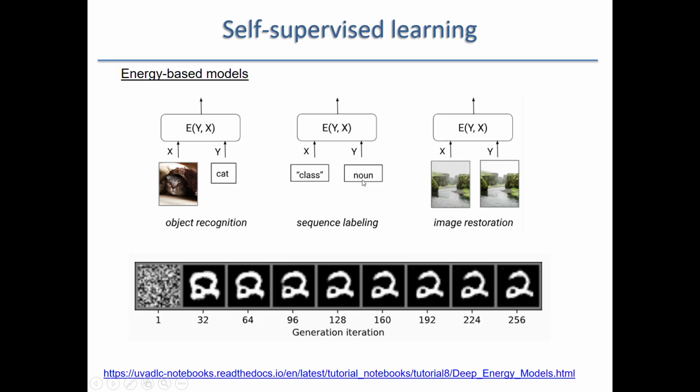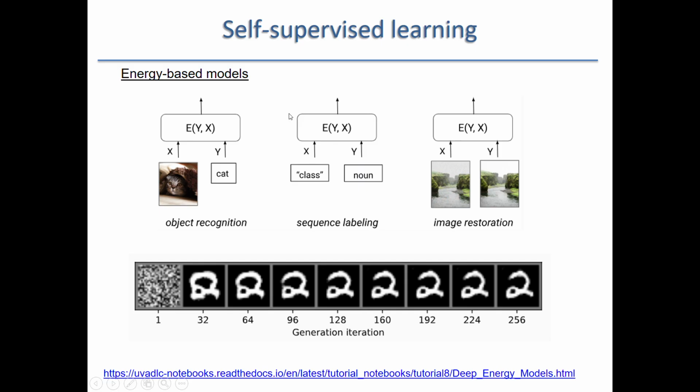And here we have some applications of them. Here we have object recognition: given an image and a set of labels that we can try, we want the energy to be small when it has the correct label. Here it is the same: if we have different words and we want to say that the word class is a noun, we can try different labels like noun, adjective, verb, whatever.